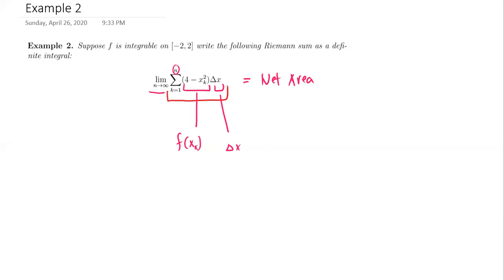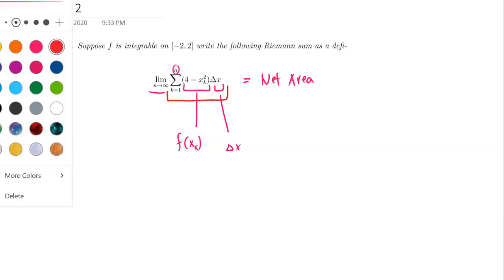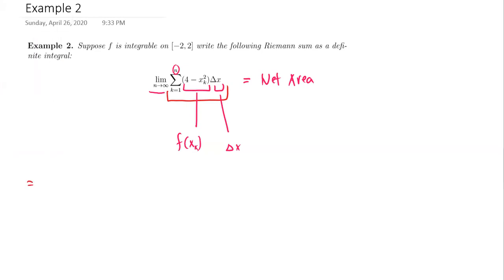So again, how do we rewrite this using the integral notation? How do we write it as a definite integral? Well, write the integral symbol. It's a definite integral, so remember you put the endpoints on the integral. The left endpoint always goes on the bottom of the interval, and the right endpoint always on the top.